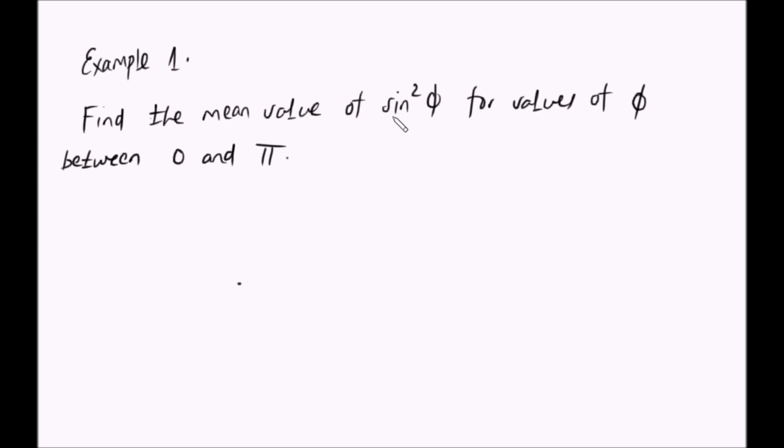Asema find the mean value ya huyu for values of theta between 0 and pi. So tumesema mean value ni sawa na nini? From a to b y dx over b minus a. Hii ndo formula yetu. So hapa our function y ni huyu sin square theta.